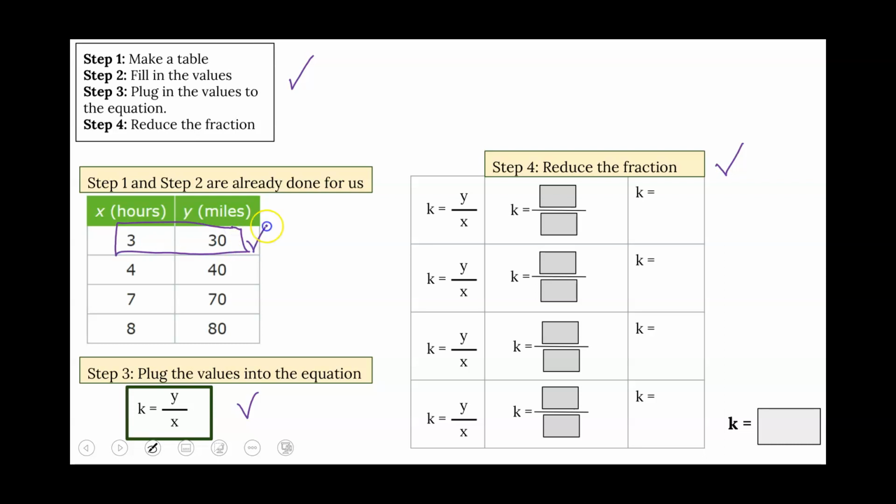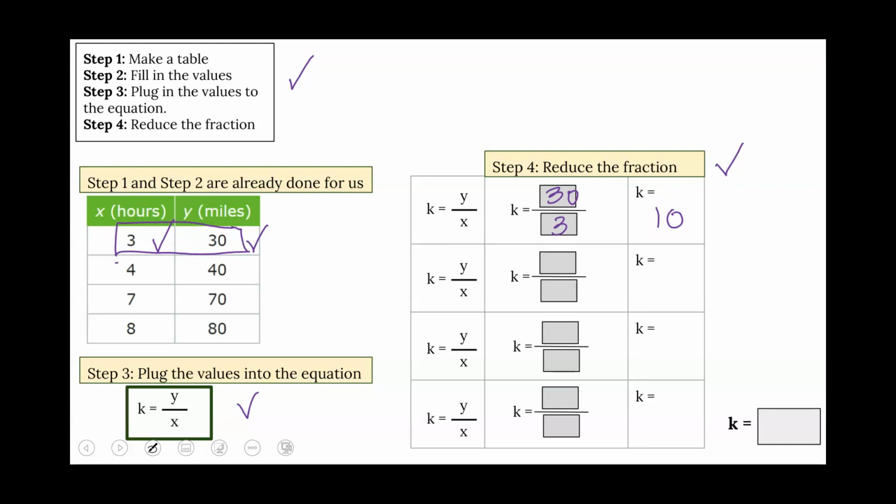So we're going to start with our first line here. Our Y is 30, so I'm going to put 30 in the top. And our X is 3, so I'm going to put 3 in the bottom. And in my calculator, because 30 over 3 really just means 30 divided by 3, I'm going to put in 30, and divide by 3, and we get 10.